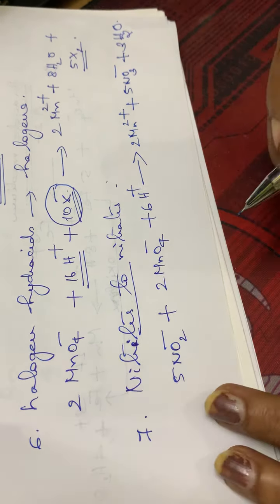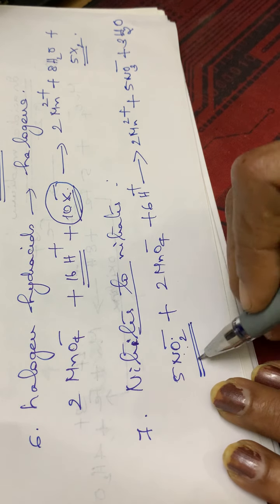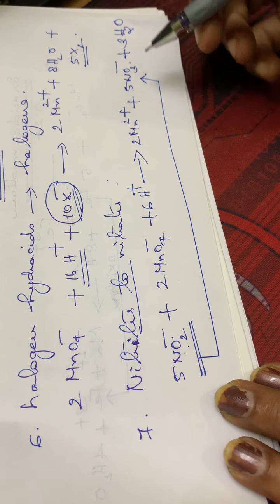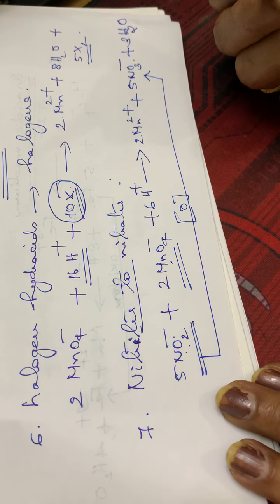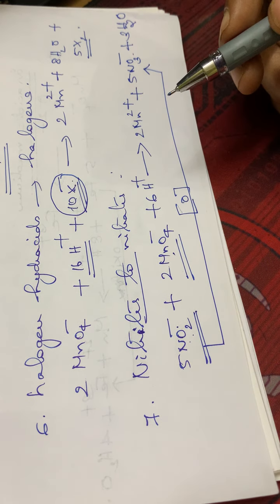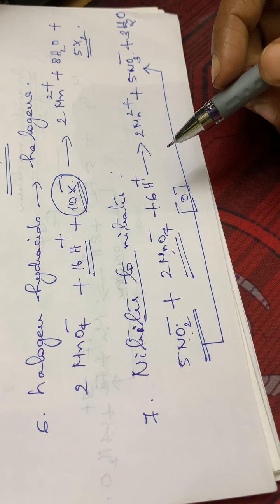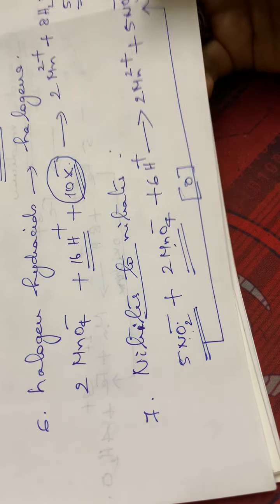Okay, so this is the reaction, that is nitrites, HNO2 or NO2 minus, oxidized to NO3 minus or HNO3. Here also oxidation takes place in the presence of KMnO4. So these are some of the reactions in acid media. I think there is no need for telling you once more, otherwise you can go through the video once more. If any doubts, you can call me.